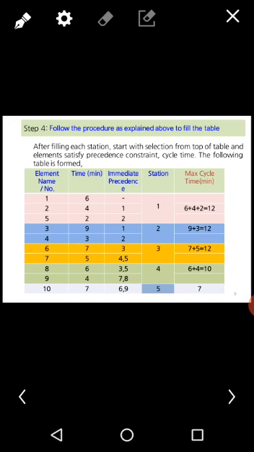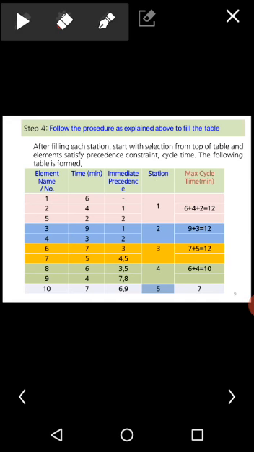Directly we can take it. Immediately after 3, the fourth element comes into the picture and its time is 3 minutes and its immediate precedence is 2. Now we can calculate its time. 9 plus 3 is equal to 12. Here we satisfied the time factor and it completes station number 2.